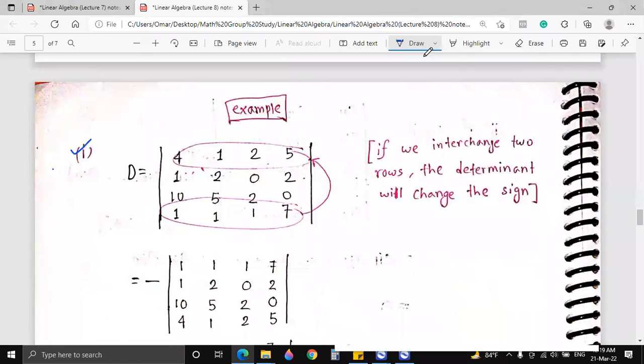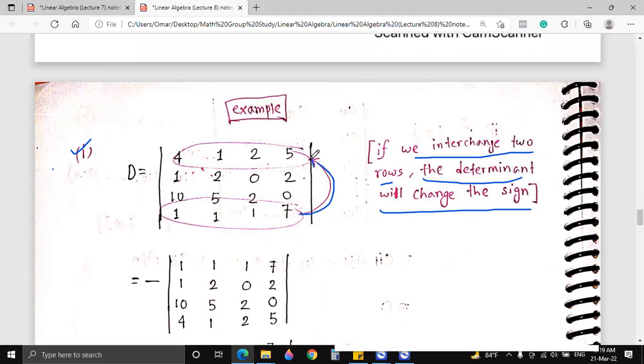So there is a little formula: if we interchange two rows, then the determinant will change sign. For example, I took the fourth row into the first row, and I took the first row into the fourth row. Okay, so I changed the first and the fourth row.